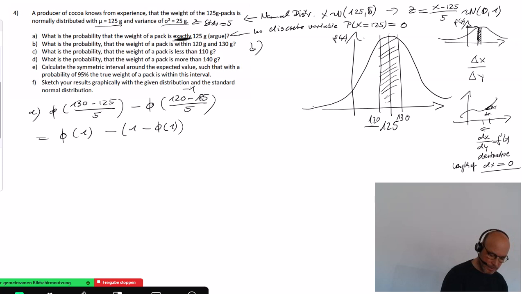And so we obtain 2 times phi of 1 minus 1.